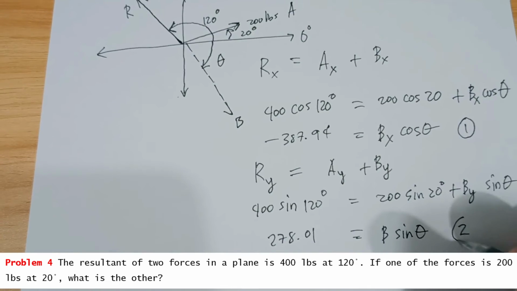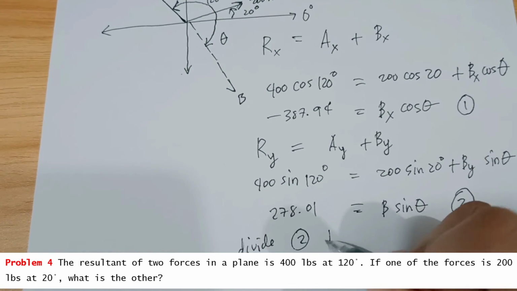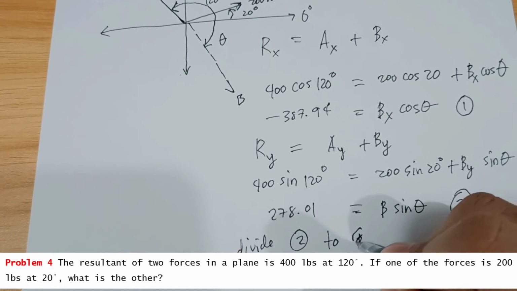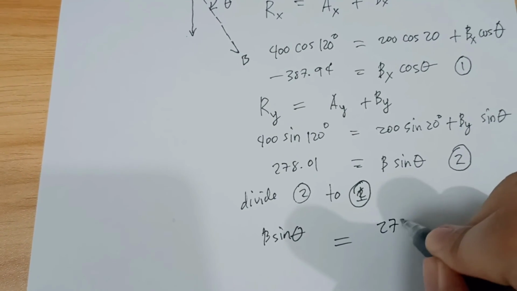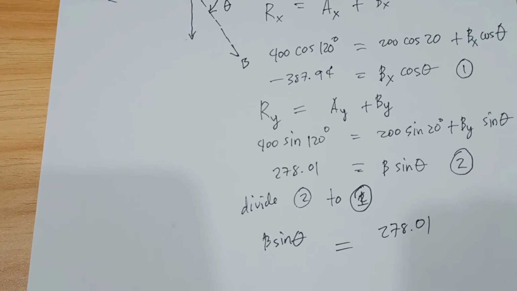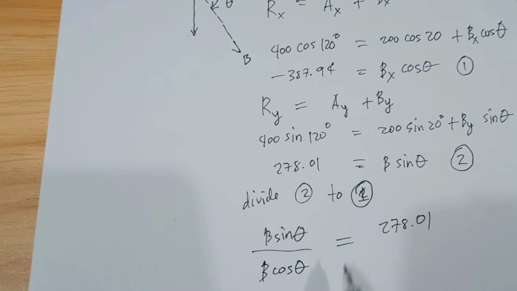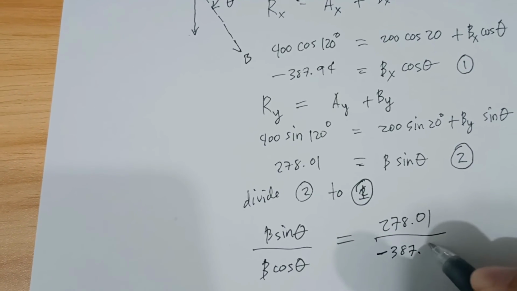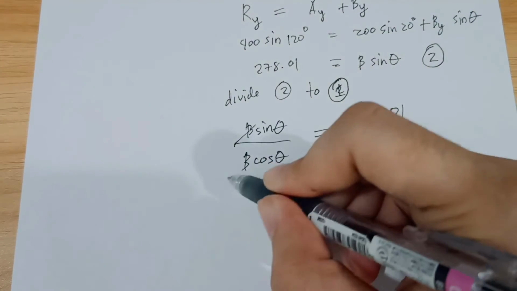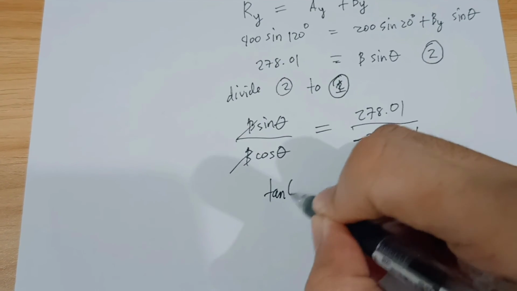Ito yung equation 2. Mapapansin mo dito, kapag dinivide natin yung equation 2 to equation 1, magiging B sine theta equal siya sa 278.01. Divide natin siya sa equation 1 na B cosine theta is equal to negative 387.94. Cancel yung B. Ito ay sine theta over cosine theta ay tangent theta.